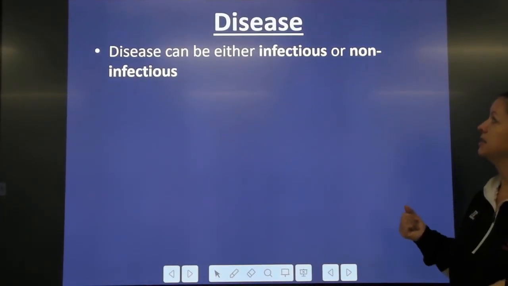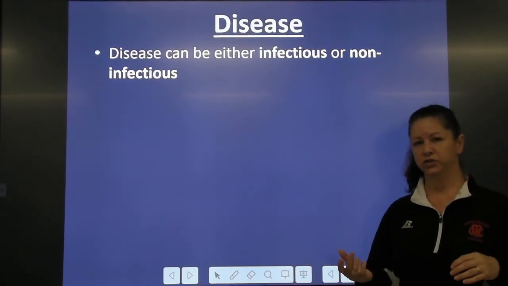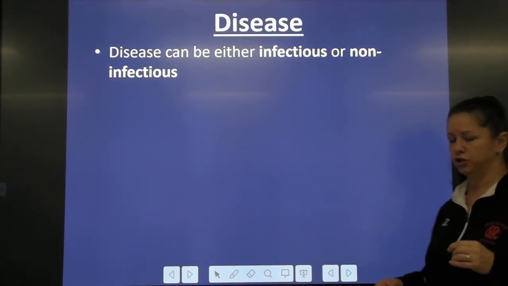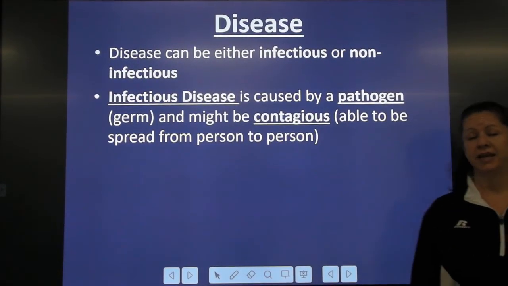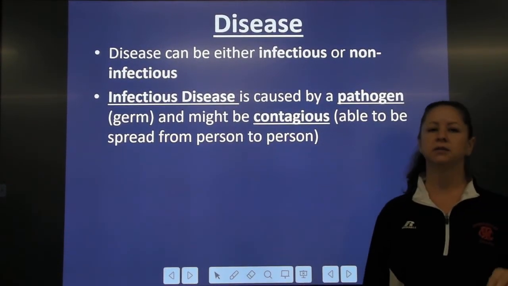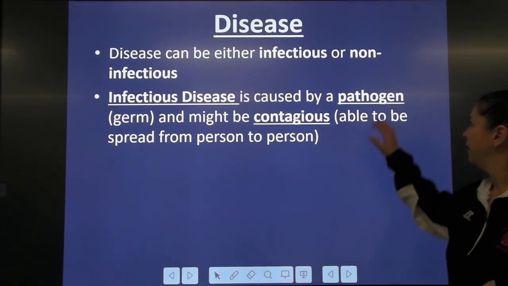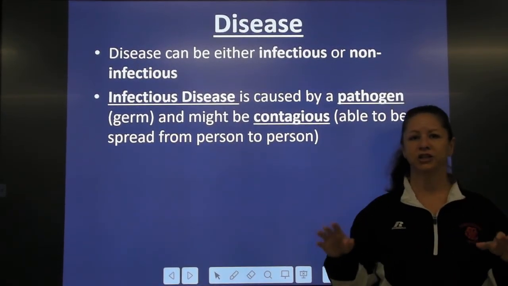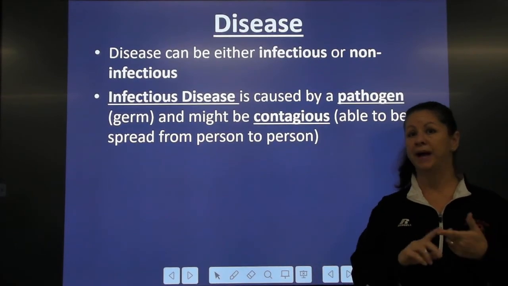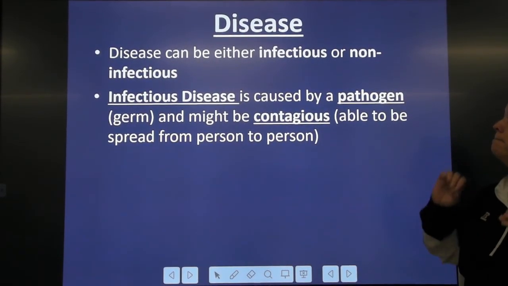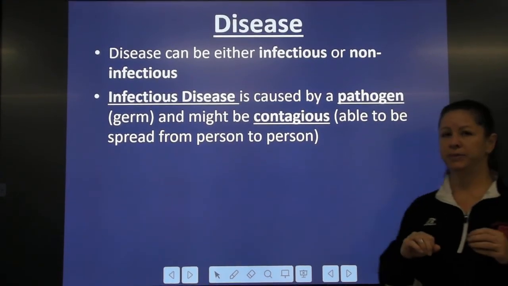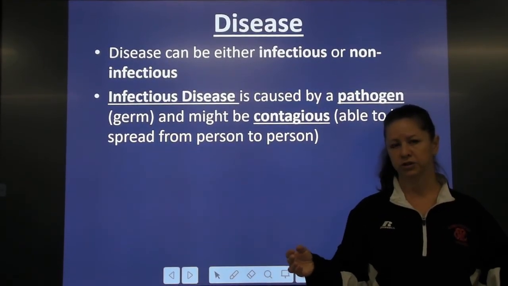So disease can be either infectious or non-infectious. Now, an infectious disease is caused by a pathogen. And a lot of people think of a pathogen as a germ. Okay, so bacteria or virus. All right, and they might be contagious, which means they can be spread from person to person.